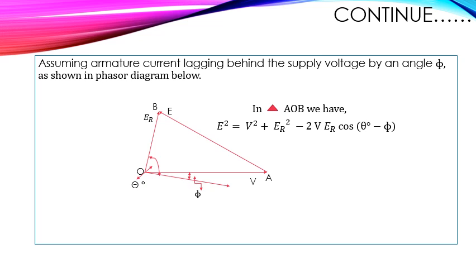Why theta degree minus phi? Because theta is the angle between ER and I, and here theta is more as compared to phi, so that's why we have to take the angle between ER and V. That's why here we have to take theta degree minus phi.